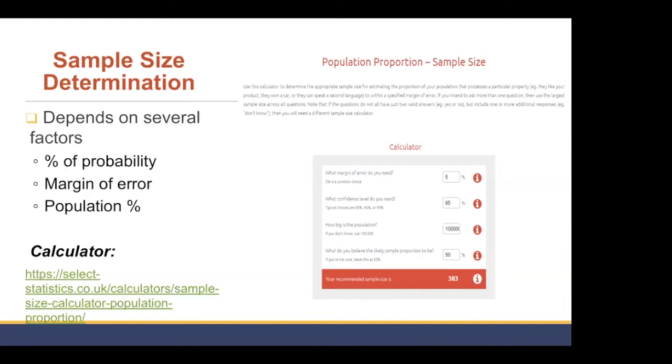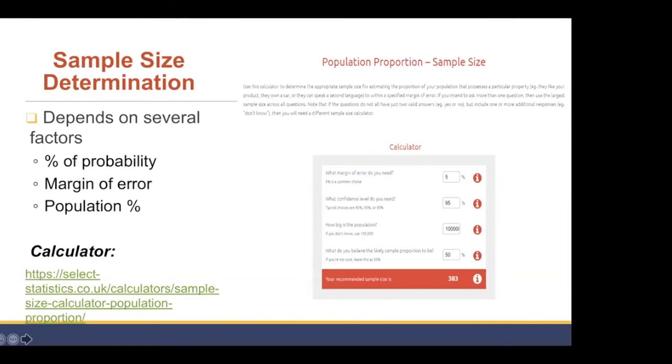So I have listed here the three factors mainly to calculate a sample size for your study. The percentage of probability, usually we keep it at either 95% or 99% or 99.9%, depending on the confidence interval we choose for our survey and the sample estimates.